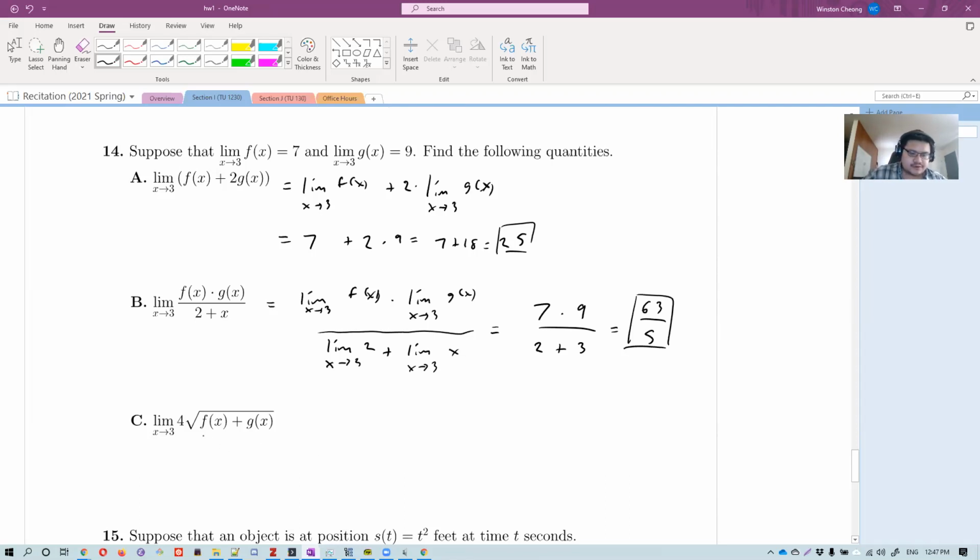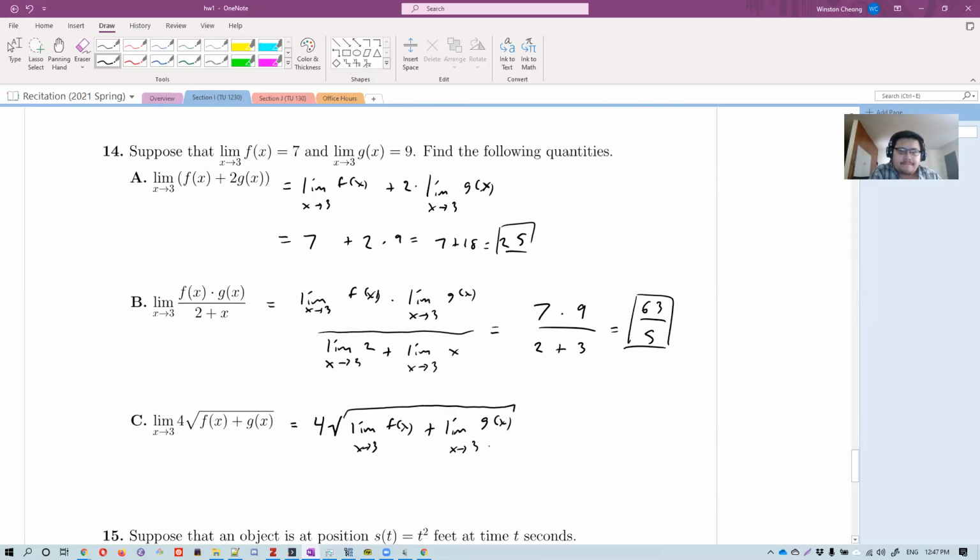Now for this one, you can push it through the square root function. So there's a limit law that says if you have a function raised to some power, you can push it through that power operation. And so when you push it through everything, the limit as x approaches 3 of f of x plus the limit as x approaches 3 of g of x.